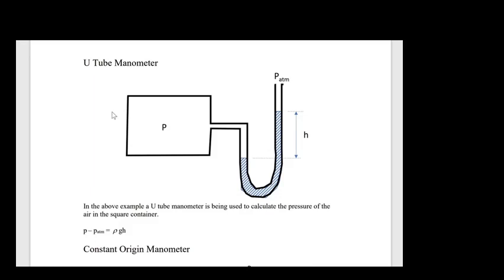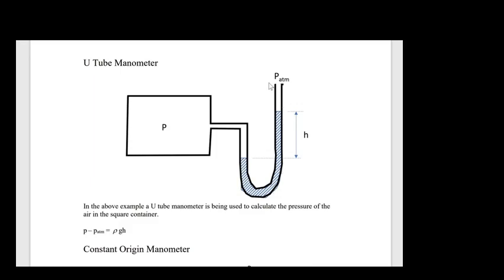So here we've got our U-tube manometer attached to this object, which has a pressure P, and that is exposed to this fluid here, and that is forcing our fluid around our pipe here.